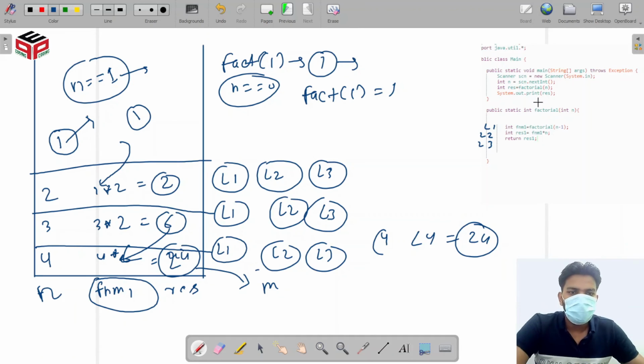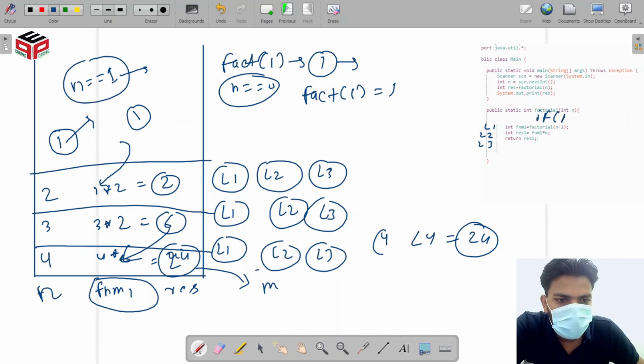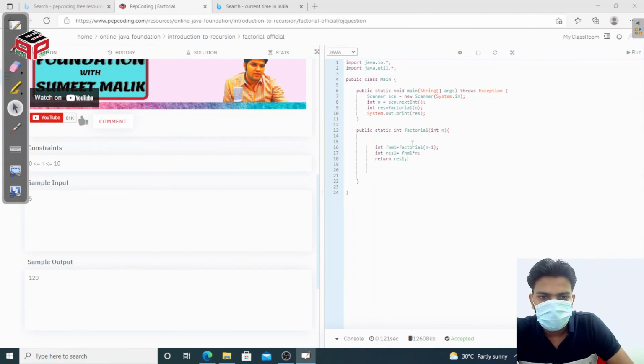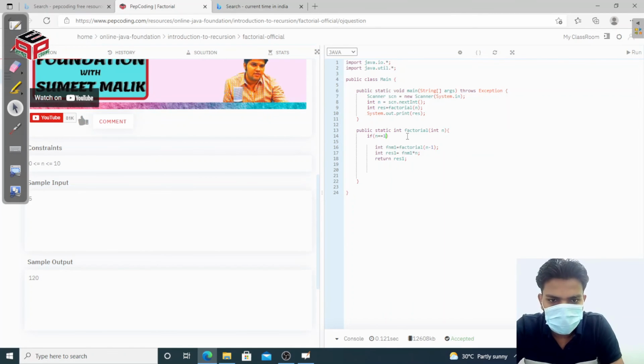So we have to put the base condition: if n equal to 1, then we have to return 1. Okay, so we put the base condition, like if n equal to 1, then we have to return 1.